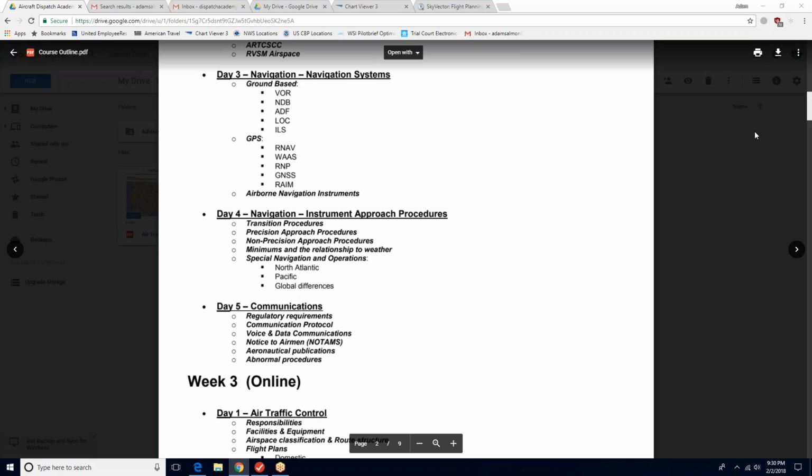Let me look at something else here. Okay, so state the difference between non-precision and precision. Non-precision is horizontal only, and precision approaches are vertical and horizontal.